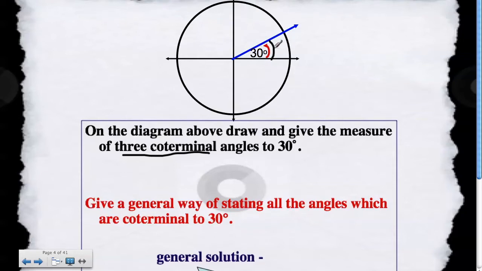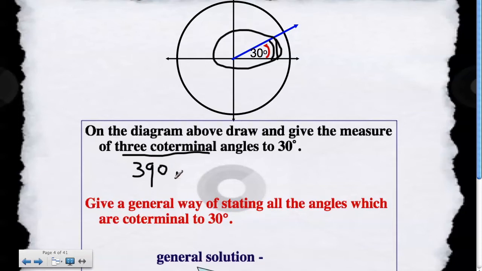Now, how do I get coterminal? Well, coterminal means if I go one complete circle and back, I know that is going to land on that arm. So if I add 360 to 30, a coterminal would be 390.